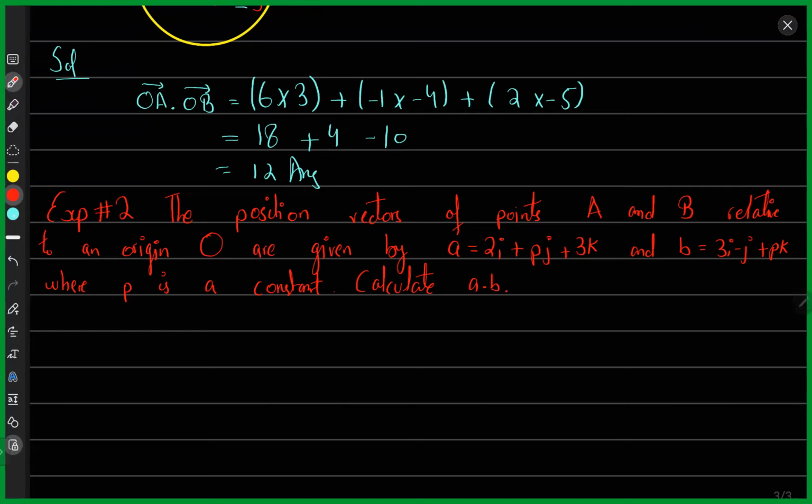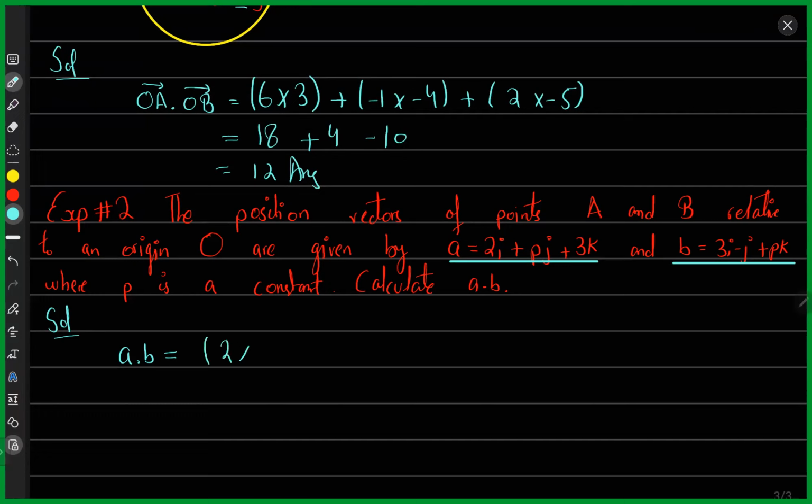Okay, so A dot B is basically the dot product of vector A and vector B. Now this time around the form was not the column vector form, it's given as ijk. Still the idea is the same, I'll multiply the i components with i, j with j, and k with k.